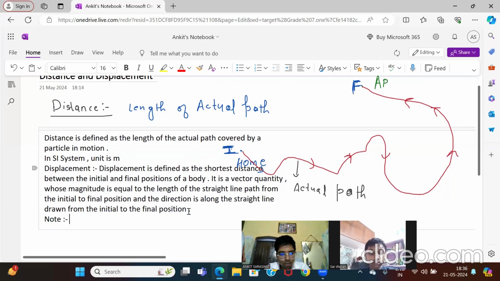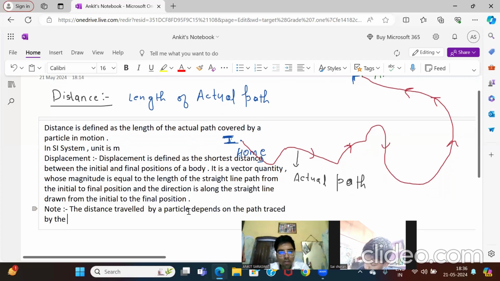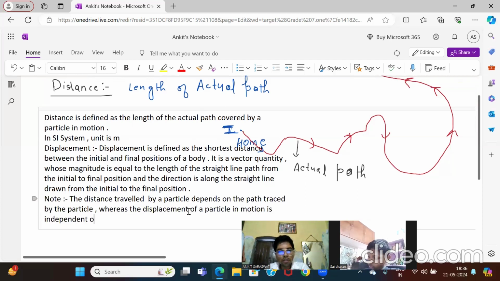Write down an important note. The distance traveled by a particle depends on the path traced by the particle, whereas the displacement of a particle in motion is independent of the path traced and depends on the initial and final position.